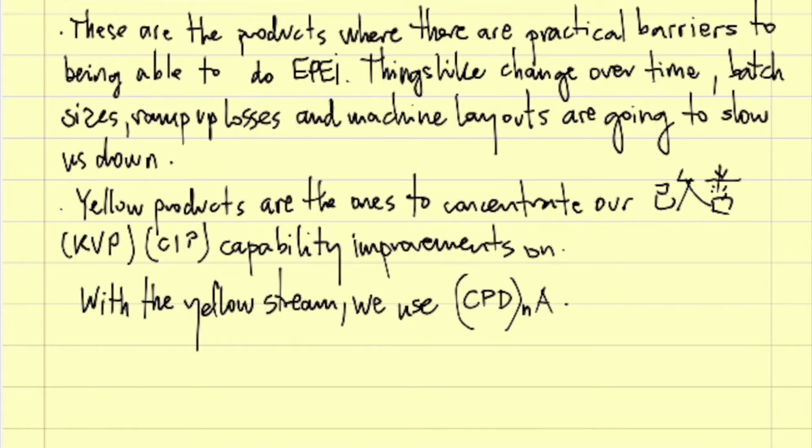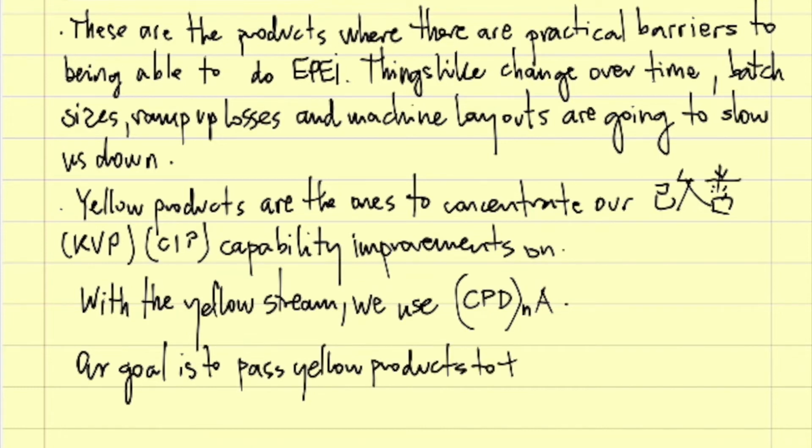With the yellow, we want the continuous improvement, so that our goal is to pass yellow products to the green stream. After we have optimized, after we have taken the problems away, we can put the yellow products into the fixed sequence and fixed volume. Okay? So a question here?